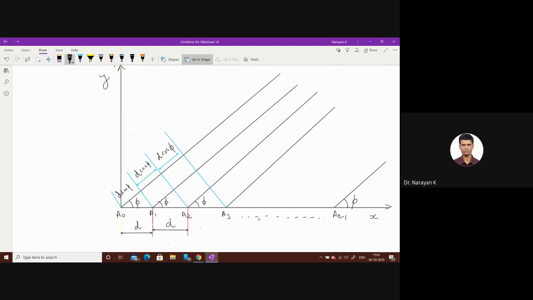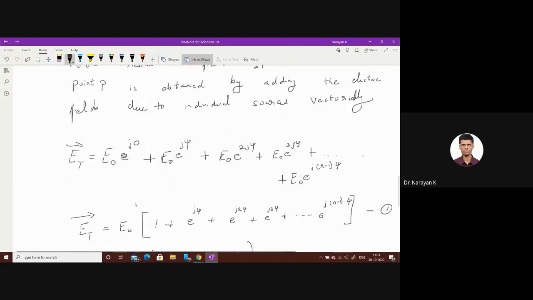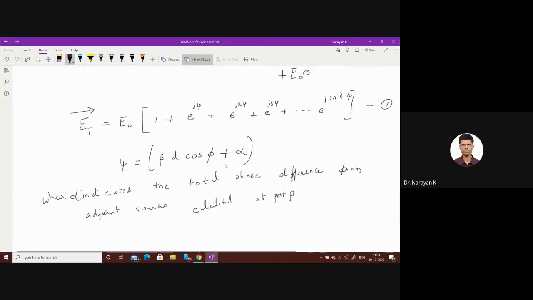Suppose I go for A4: A4 will have phase shift with respect to A3, with respect to A2, and with respect to A1. So you will have what is known as a progressive phase shift. That is represented by the additional term alpha, unlike your previous case where it is only beta d cos phi. Agreed? Yes, sir.